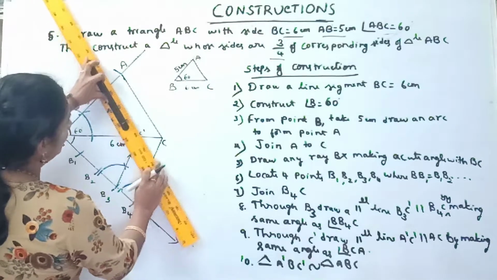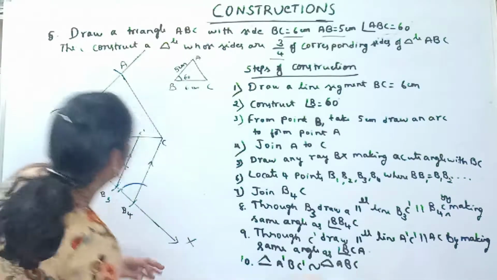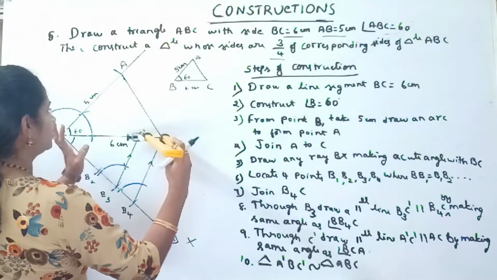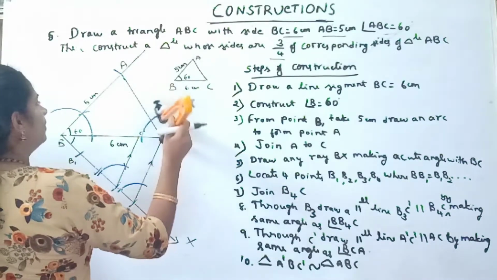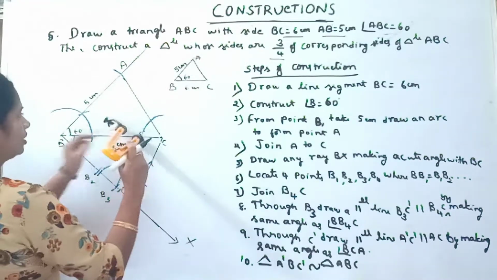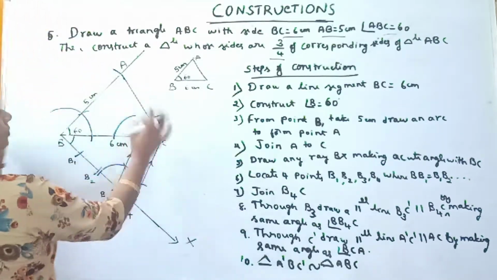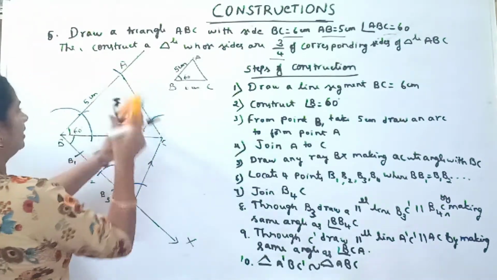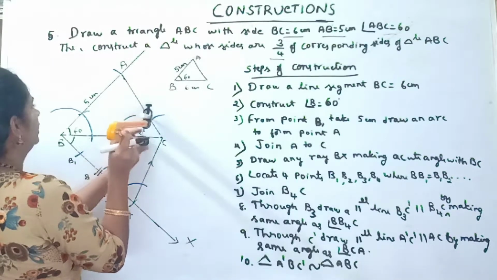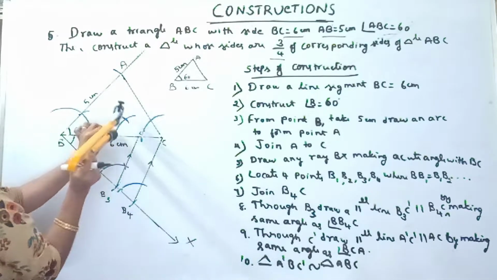Next, in a similar way we have to construct a line at C dash which is parallel to AC. Same procedure once again. Take any measurement, keep your compass on C and draw one arc like this. Same measurement, keep your compass on C dash and draw another arc. Now measure the angle. Next, keep your compass on that arc and cut that arc.